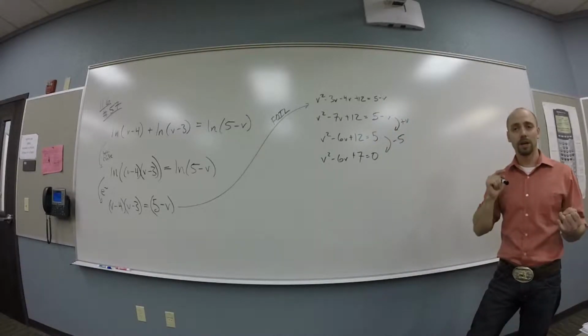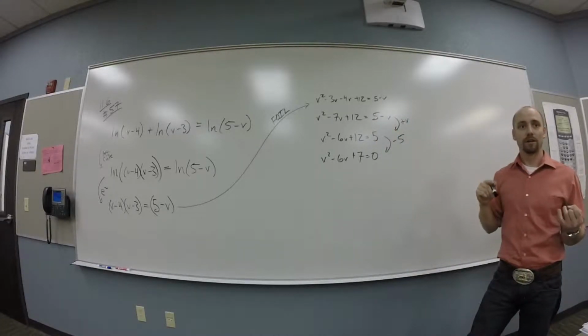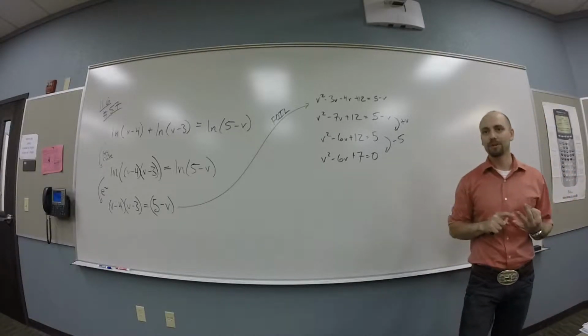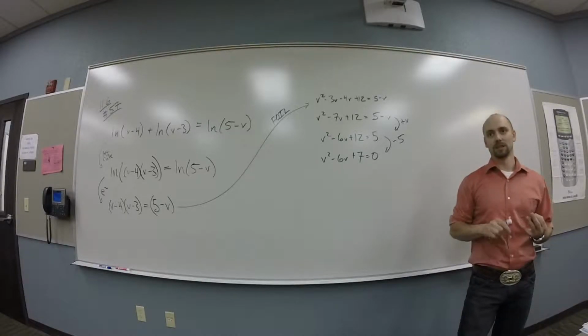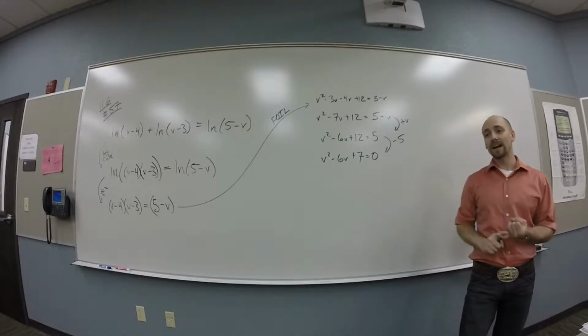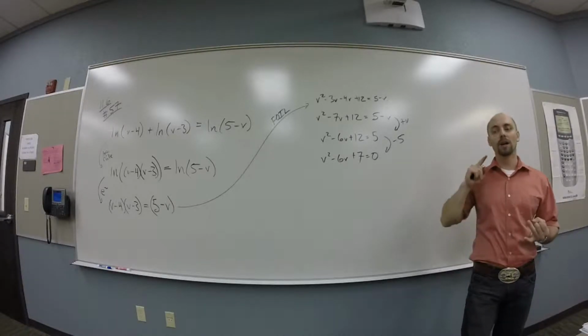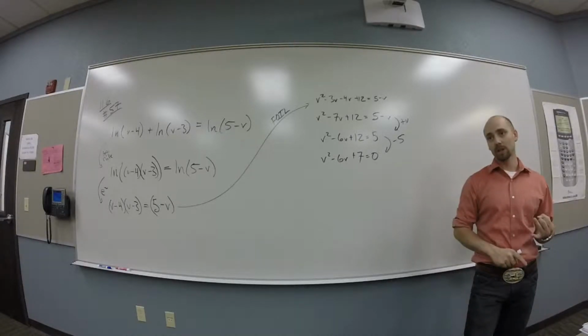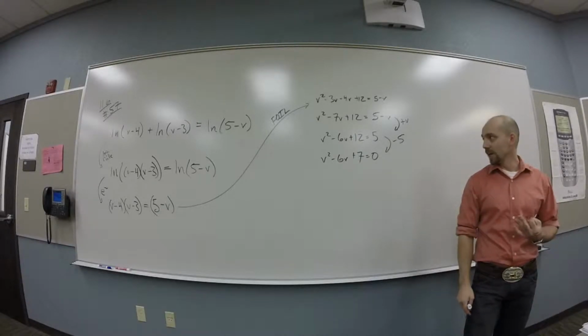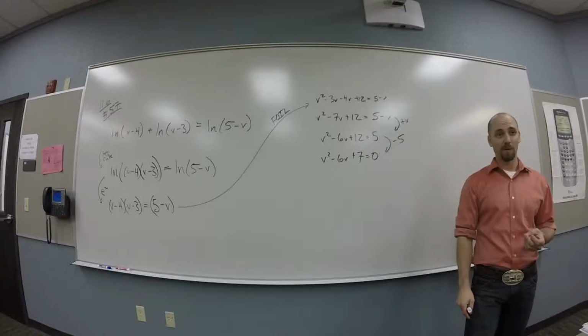Okay, now I could have three options, right? What are the three options for things like this? I could factor this, or I could use the quadratic formula, or I could complete the square. Is this a good candidate for completing the square? You guys remember how that thing works?